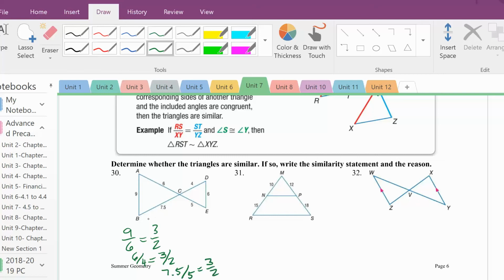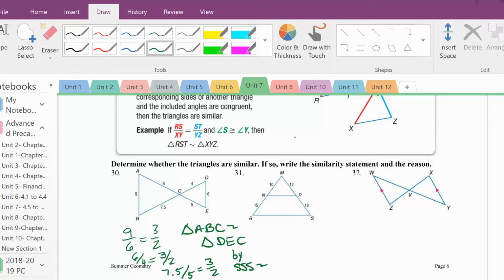So therefore, all the ratios are 3 to 2. So we could say triangle ABC is similar to triangle DEC by side-side-side similarity, because all three corresponding sides are proportional.